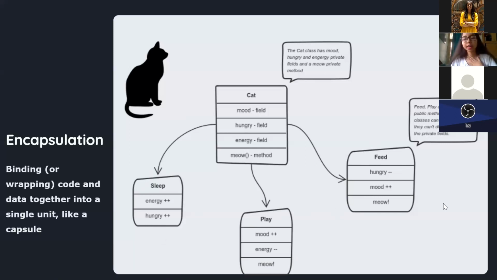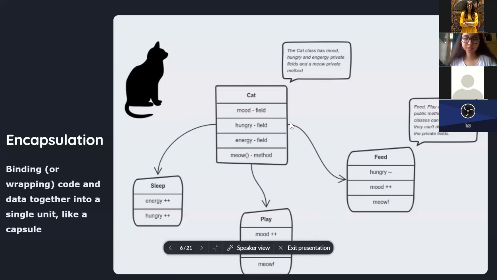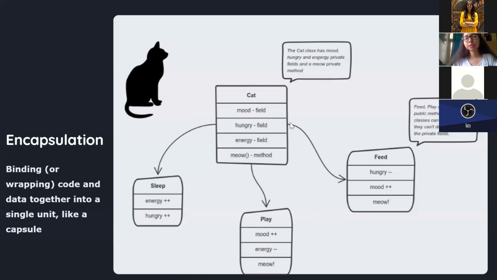So we as programmers can't directly access the private methods of the cat, but we can use the public methods in order to change the private members in the cat class. Suppose we have the feed method and we are publicly accessing it.